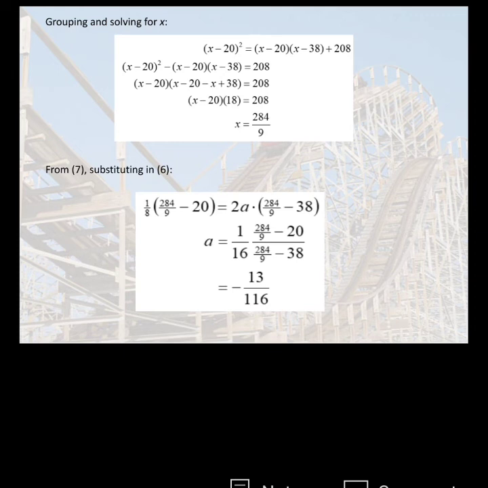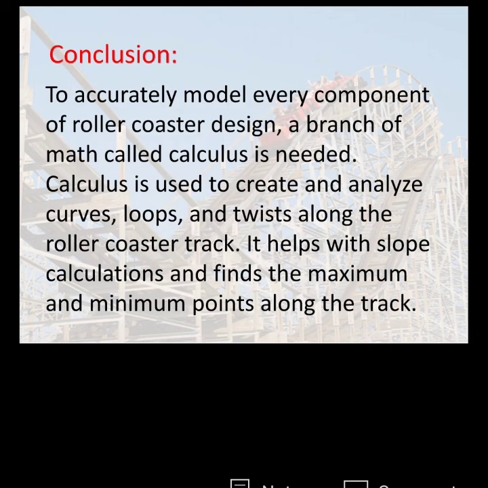So x minus 20 whole square minus x minus 20 into x minus 38 equal to 208. X minus 20 into x minus 20 minus x plus 38 equal to 208. X minus 20 into 18 equal to 208. So x is 284 by 9. Substituting into 1 by 8 into 284 by 9 minus 20 equal to 2a into 284 by 9 minus 38, a is equal to 1 by 16. 284 by 9 minus 20 divided by 284 by 9 minus 38 equals minus 13 by 116.